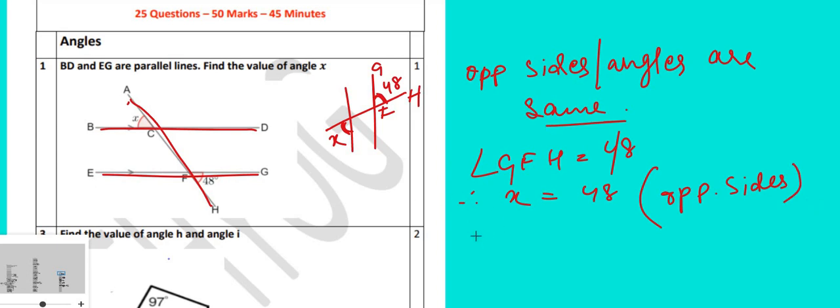So angle GFH is equal to angle BCA, which is also equal to angle x, or the value of x. So this is our answer for sum number 1.